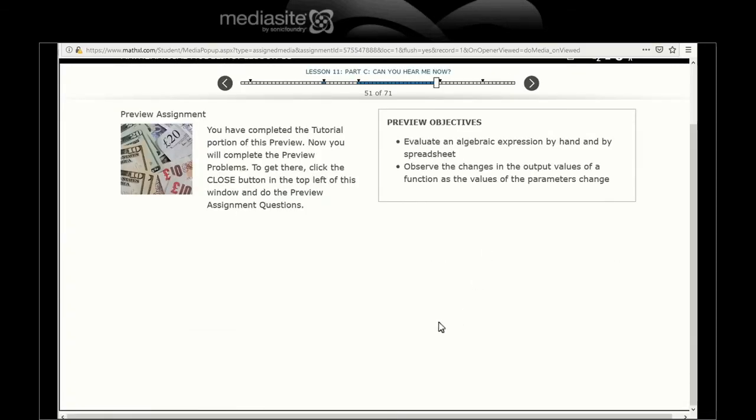So we did evaluate algebraic expressions by hand and by spreadsheet, mostly by spreadsheet. Observe changes in the output value of the function as the value of the parameter changed. Basically, as x goes up, x over c goes up. As x goes up, c over x goes down. That's basically what they're saying there.